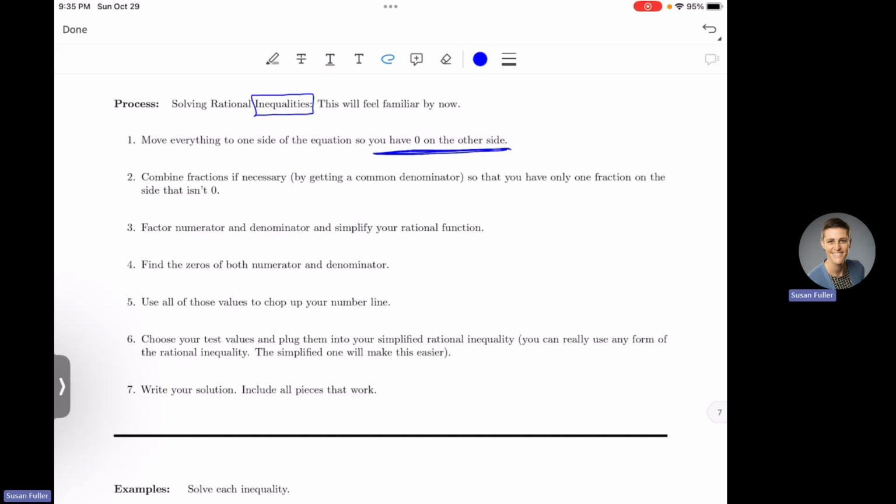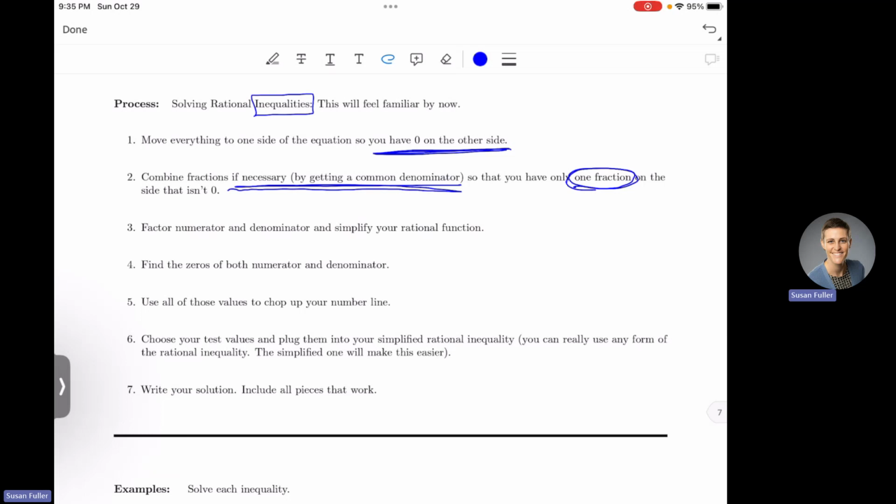And then after you move everything to one side, if you have more than one fraction on that side, I need you to combine fractions by getting a common denominator. Your goal is to have one fraction and one fraction only on the side that isn't 0. So we want one fraction being equal to 0.